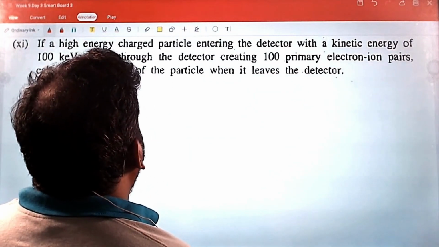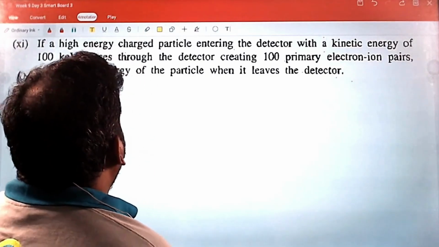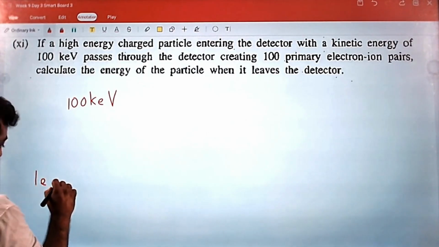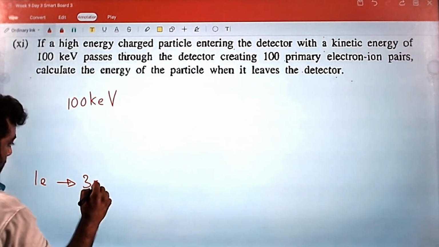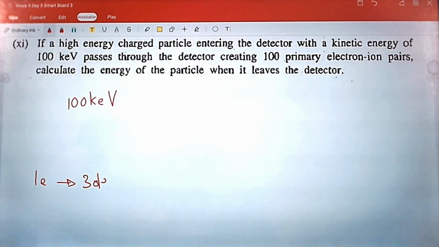Calculate the energy of the particle when it leaves the detector. So 30 electron volts are lost by 1 electron.